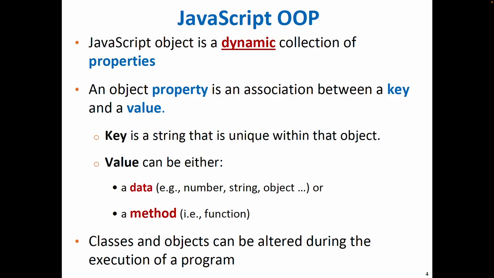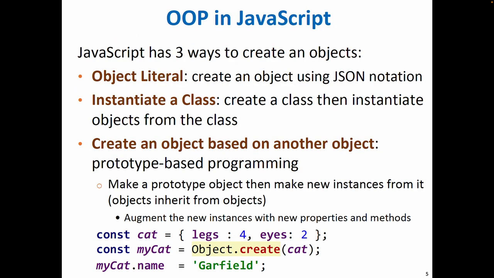What is the key? It's the name of your variable, the name of the functions that you have, and the value is the value of that variable or the definition of that function. And as I said here, classes and objects can be changed, edited during the execution of a program. So it's quite a dynamic definition.